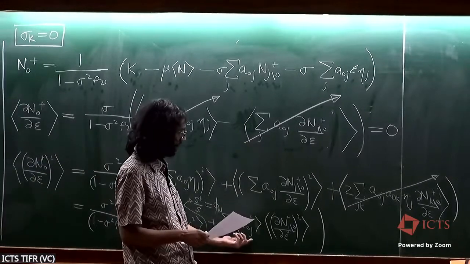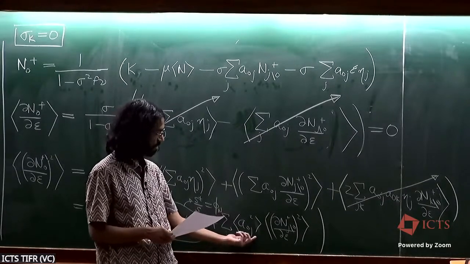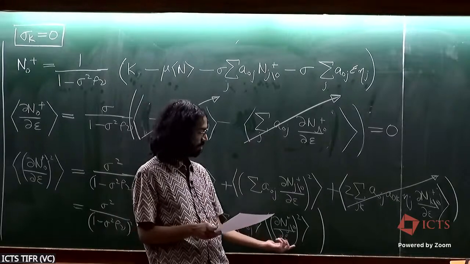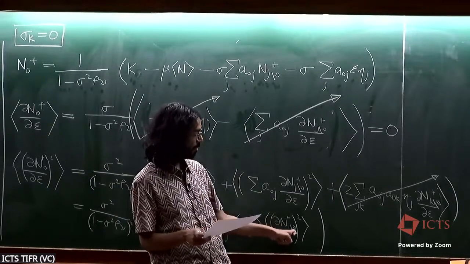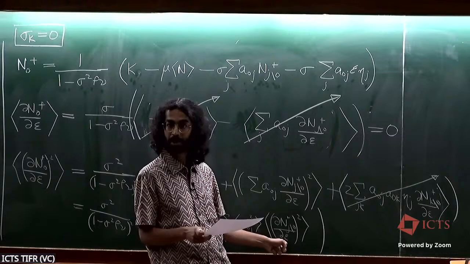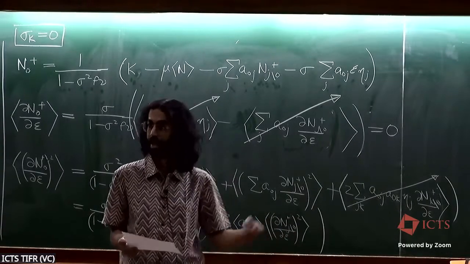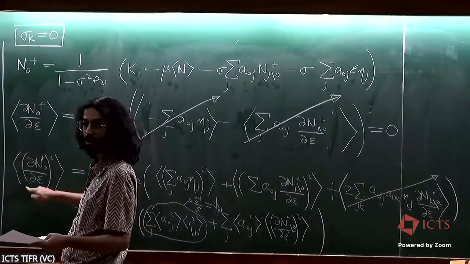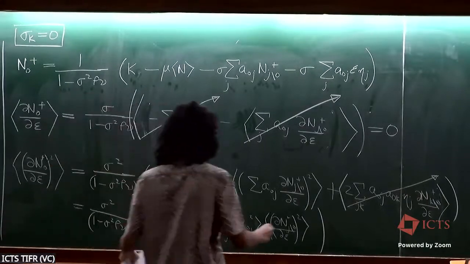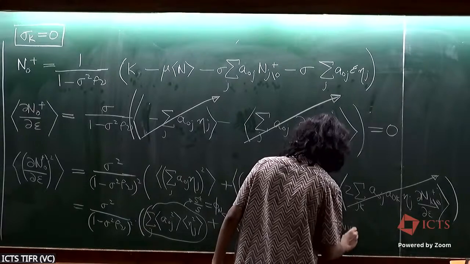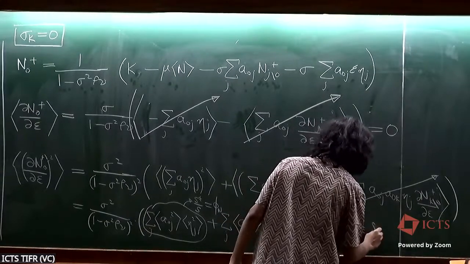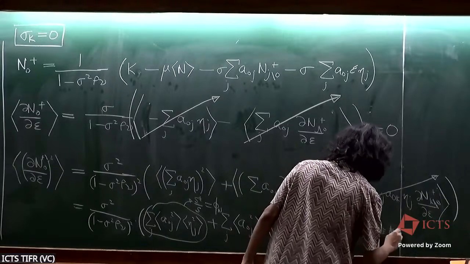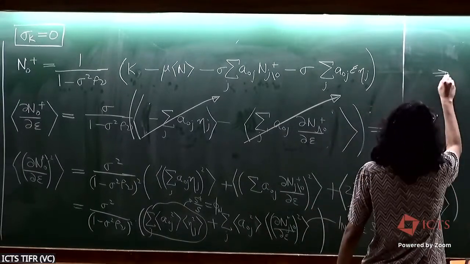What about this guy? Same thing. This is going to give us 1 over s. This is going to give us what? This is del nj without 0 plus over del epsilon, right? We don't know what del nj without 0 is. We're just going to imagine that that's exactly this quantity. So again, we invoke self-averaging. And we end up with the following.